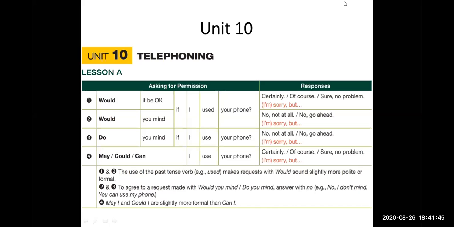May, could, and can are informal verbs that you can use to make a permission. Okay. Very good. Bellalis, did you understand this grammar? Yes, teacher. Very, very good.